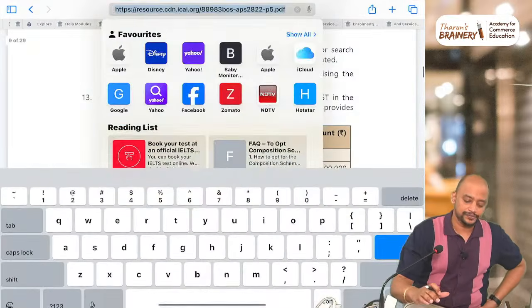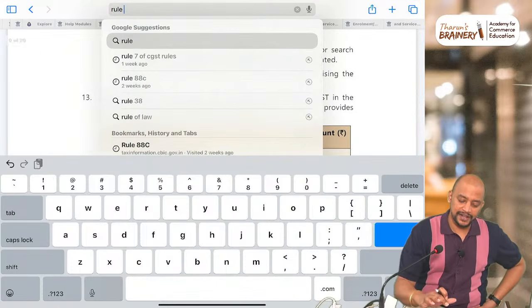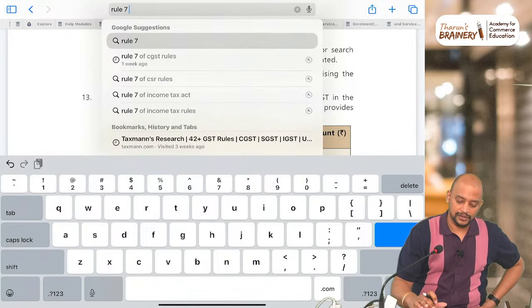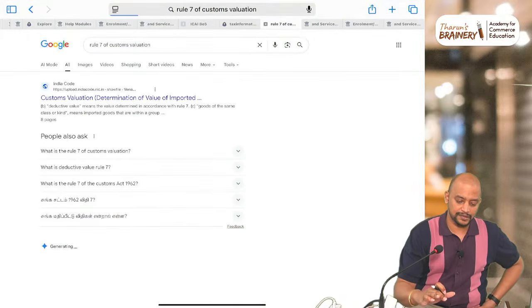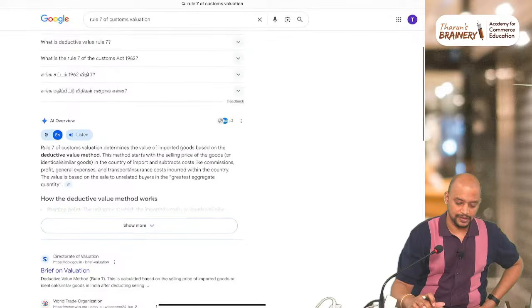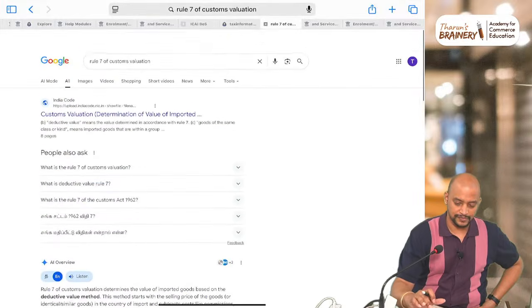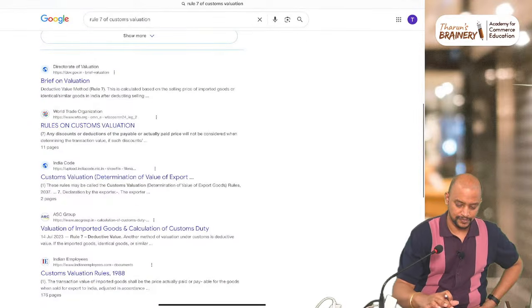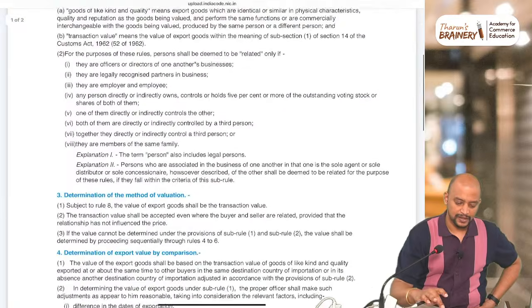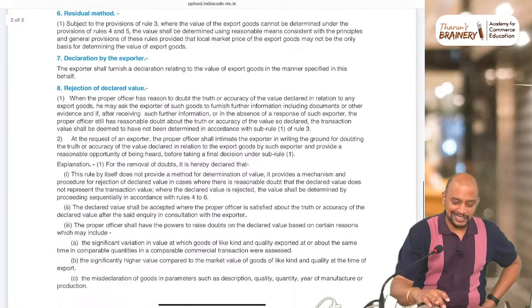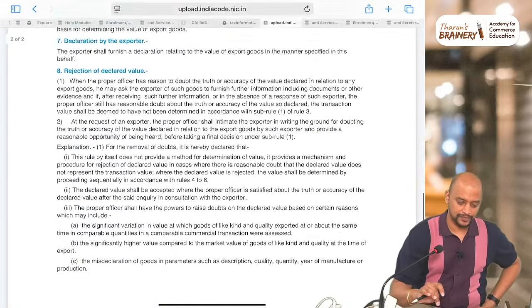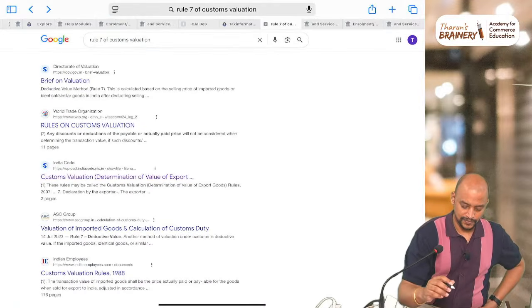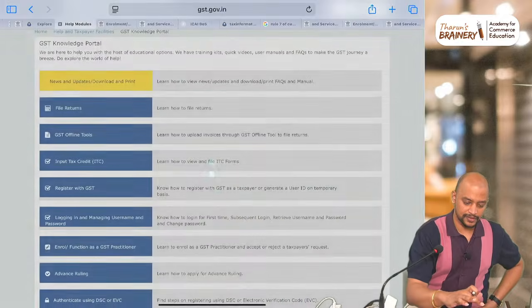You see this. Rule 7 of customs valuation. So Rule 7 says, in second.